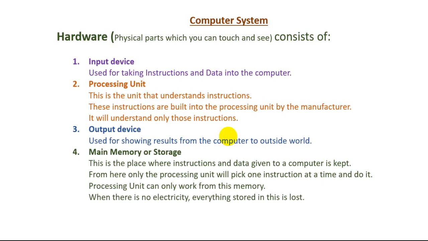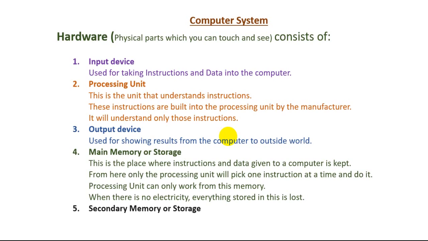The only problem with the main memory is that when there is no electricity, it's lost. Everything is lost. So next time you switch on the computer, again you'll have to put those instructions and data back into the main memory through the input device. Otherwise, there is nothing for the processing unit to work with.